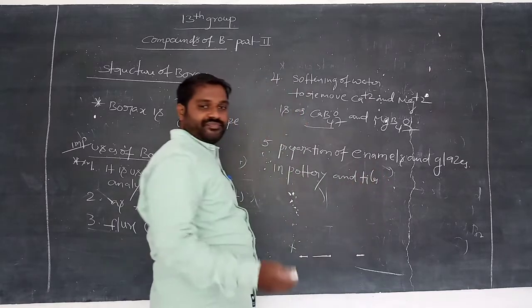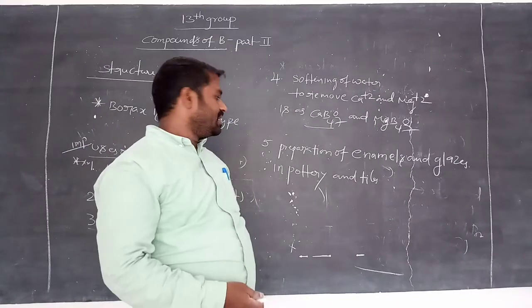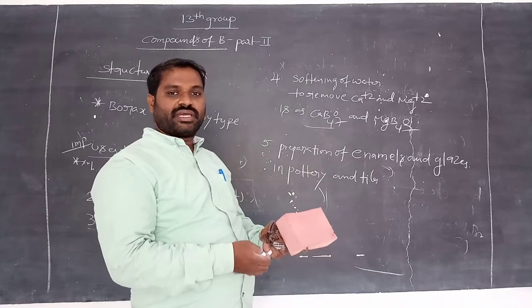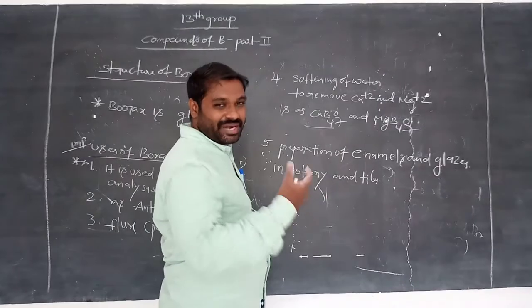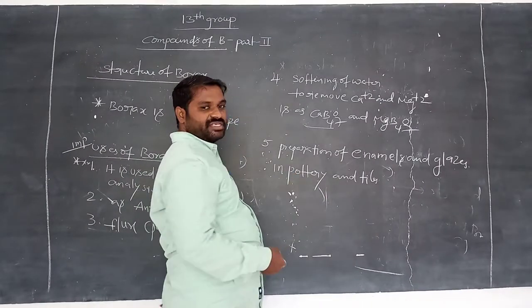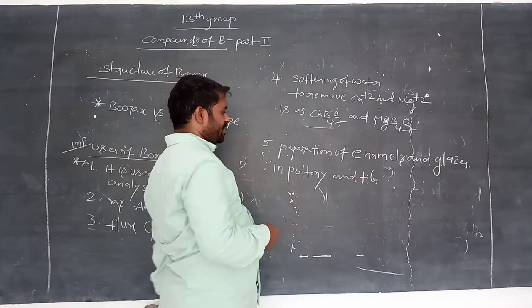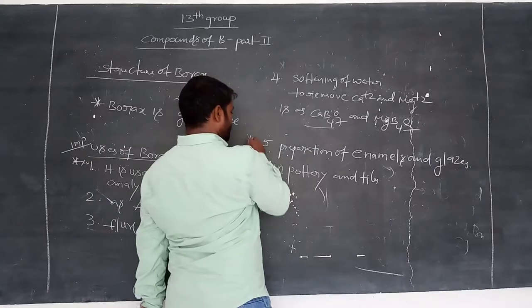During the formation of tiles, household articles and enamel articles in pottery like pots, for the shining we can prepare enamels and glazes. Glazes means brightness here. Enamels means ceramic material. So by using borax we can prepare this also, okay, so important one.